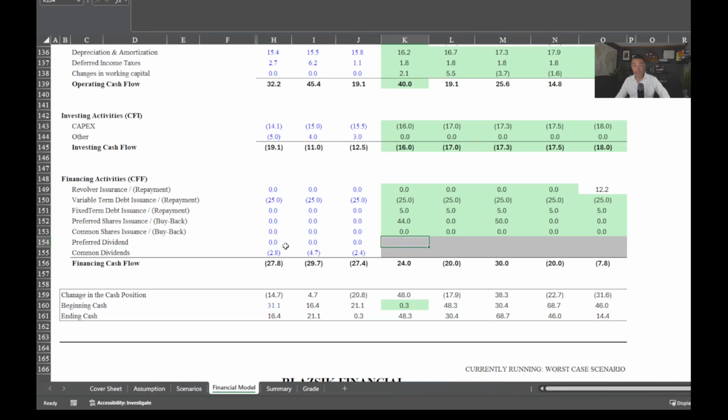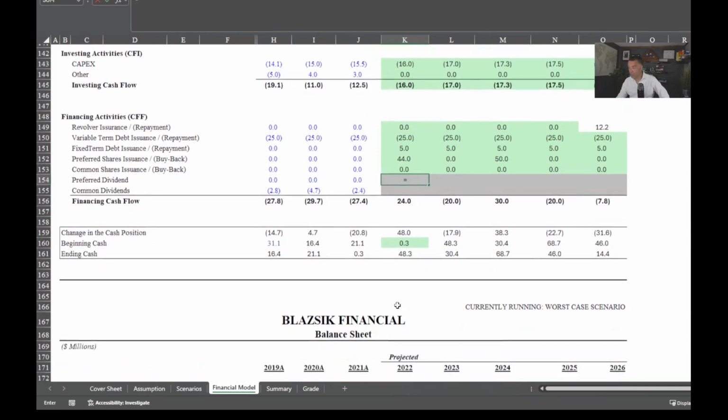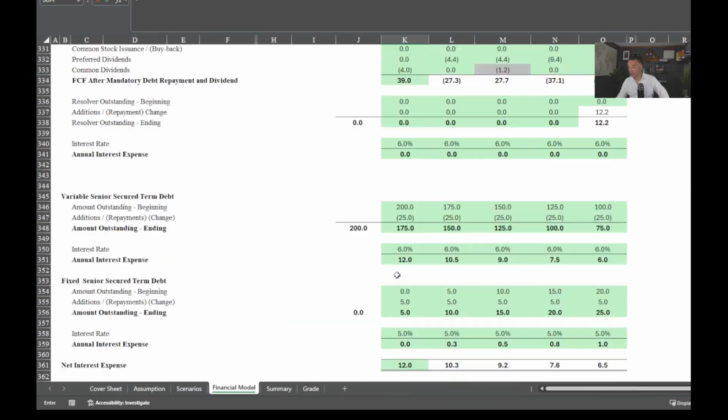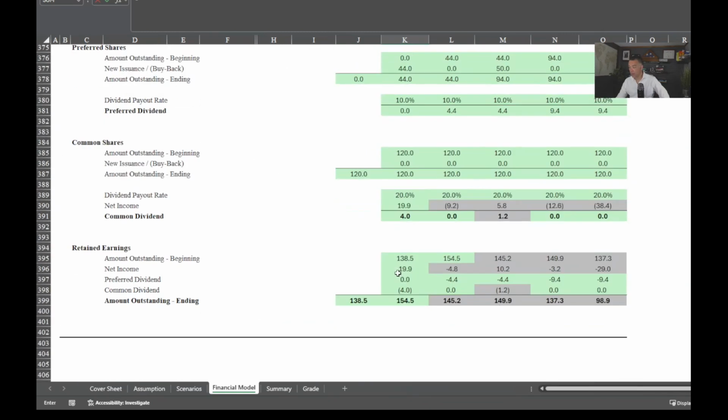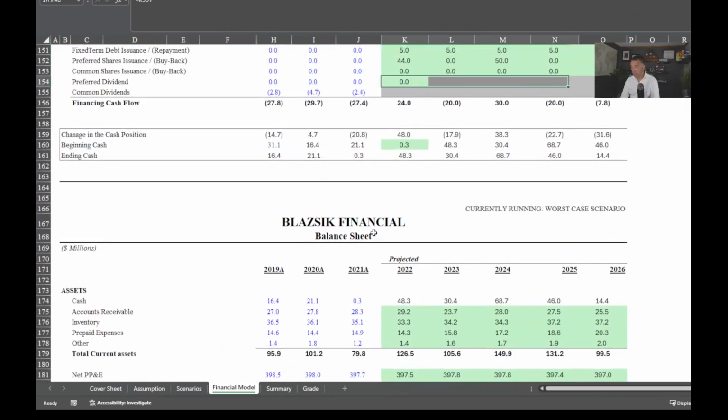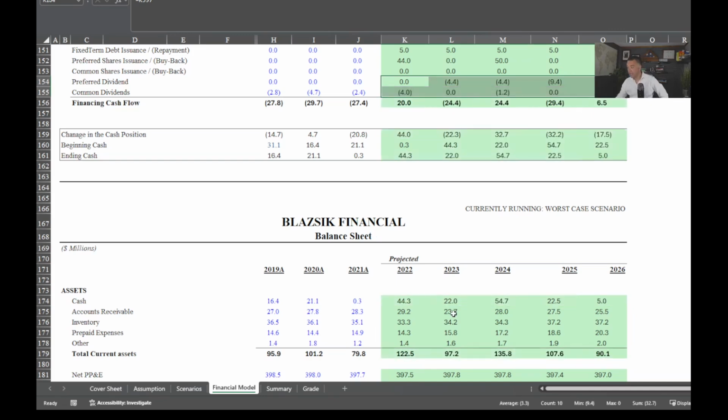Dividends are always a negative. They never come in as a positive. So what I'm going to do is connect this directly to retained earnings because preferred is on top of common, and I can just connect it right there. It's already in the negative. I'm going to highlight that. You can hold that down, hit Control and R to the D.